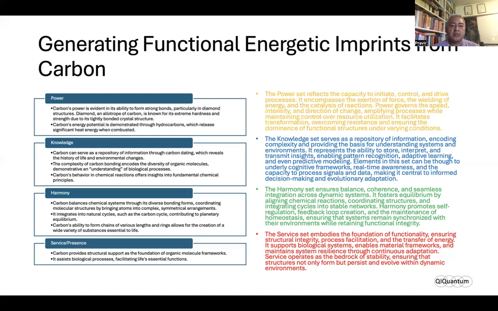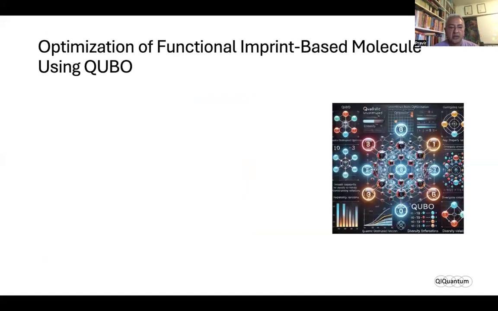And so this becomes the library that we can then use to create these synthetic molecules, which is the idea. But as I mentioned, sometimes if we want a particular set of functional imprints, then we would have to go through some optimization process to be able to create the target synthesized molecule we want.